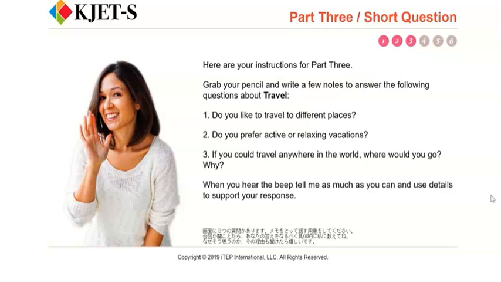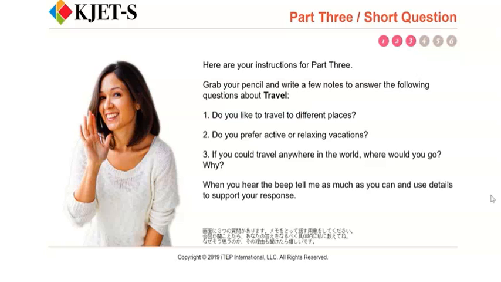Here are your instructions for part 3. Grab your pencil and write a few notes to answer the following questions about travel. 1. Do you like to travel to different places? 2. Do you prefer active or relaxing vacations? 3.